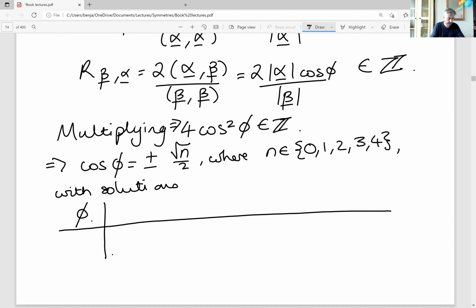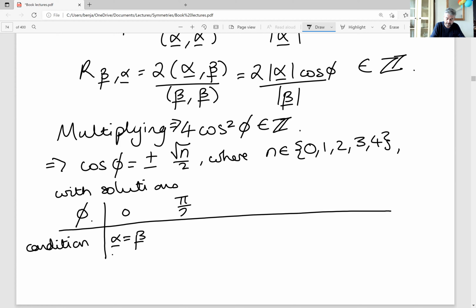So this is when we have n equals 4, for example. So phi is 0 and we have alpha is equal to beta. So that's kind of not an interesting case.